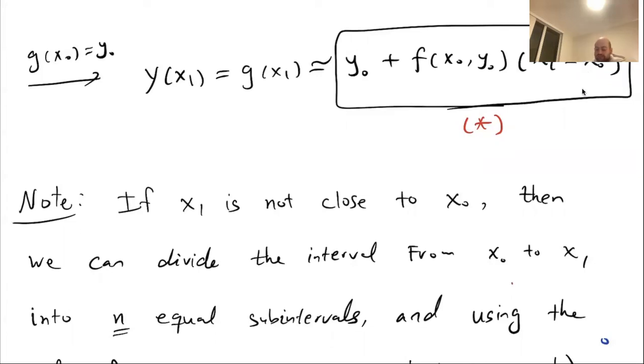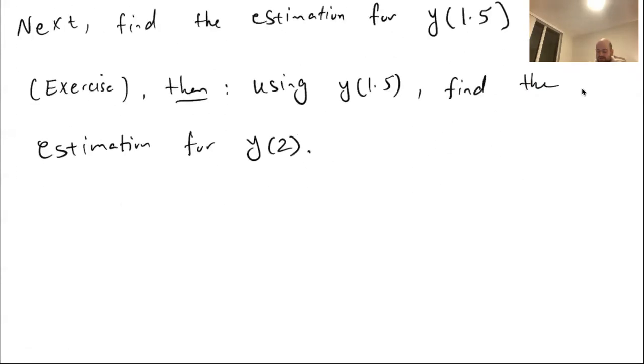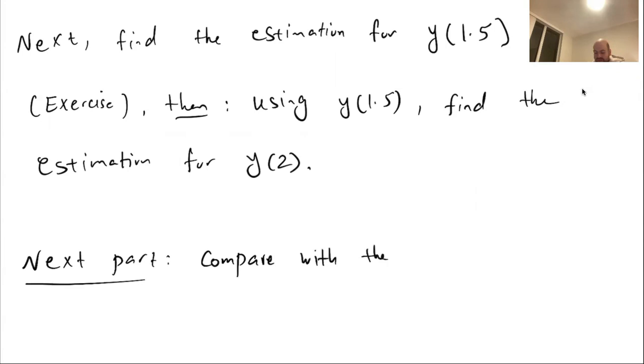Just do these calculations and find the estimation for y of 2. And then the next part of the question is to compare with the exact value of y of 2, which I can leave as an exercise.